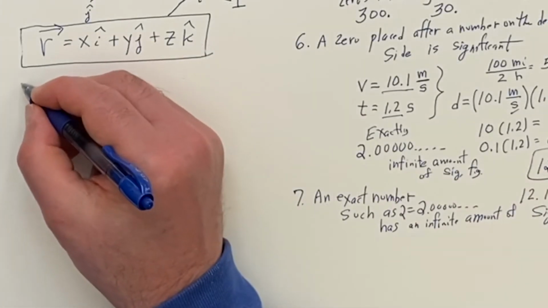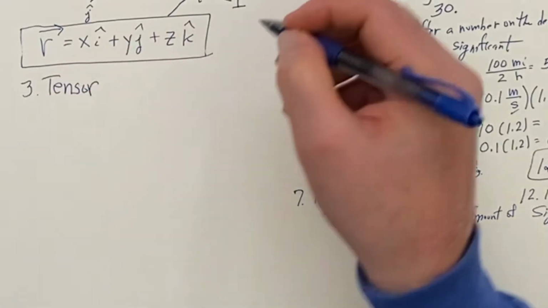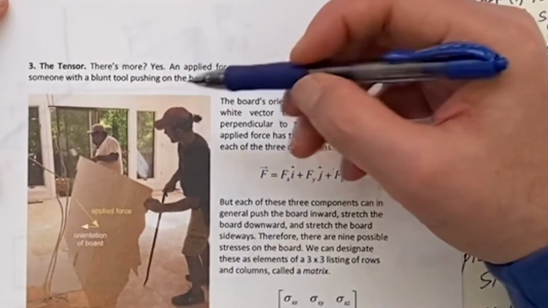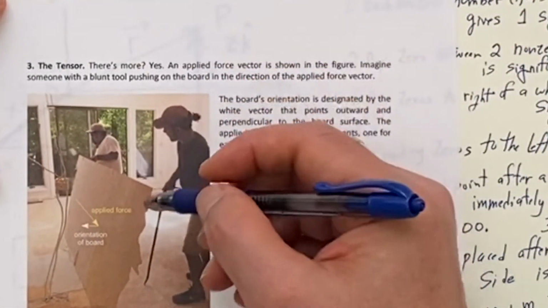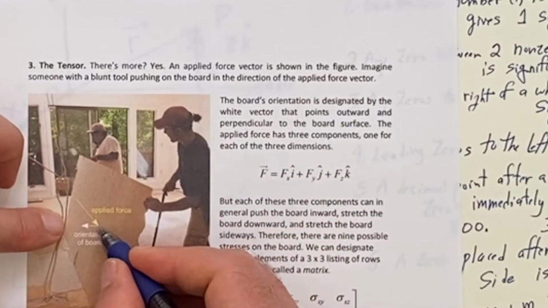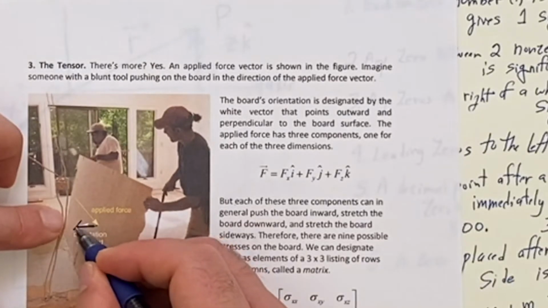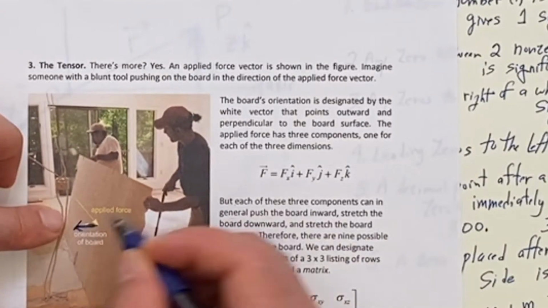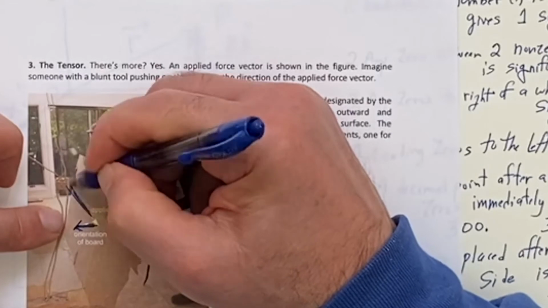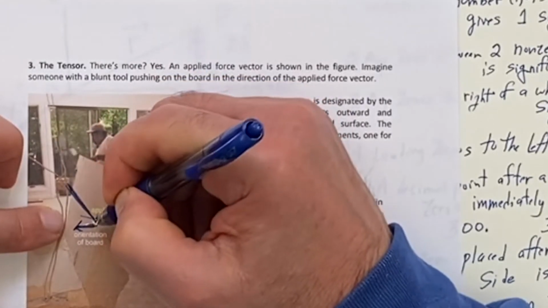So if we go here to 3, the tensor, here's the idea. We have a board that we can define its orientation by having a little vector come out of the board, perpendicular to the board. And then we're going to apply a force at that point there.